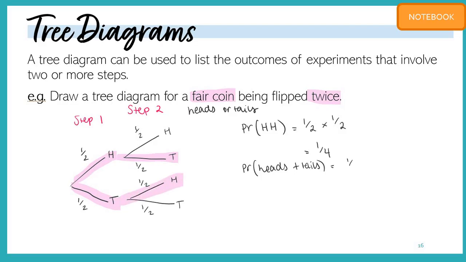And so that's going to be 1/2 times 1/2, and then adding on another 1/2 times 1/2. So that would be 1/4 plus 1/4, which is 1/2. And once again, if you've played that heads-tails game before, you know that that's a half chance, right? And so we can multiply along those branches and then add outcomes together if we need to.